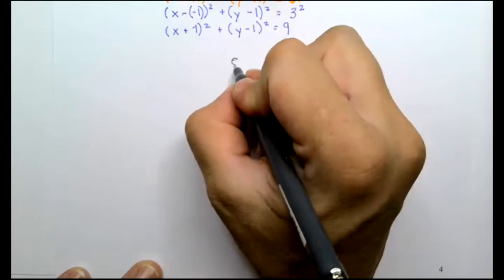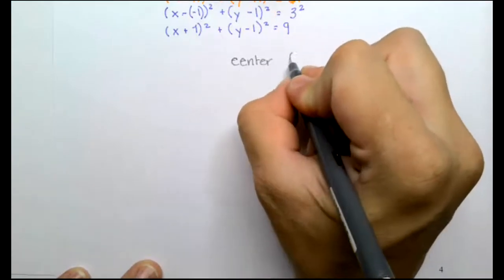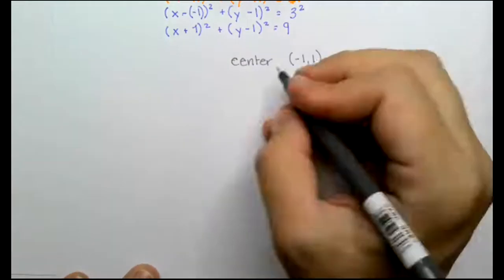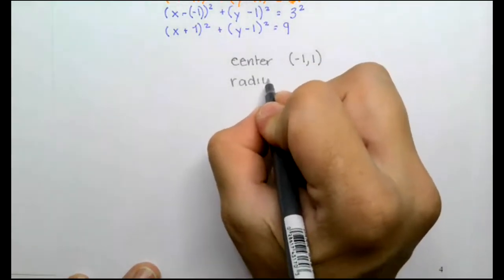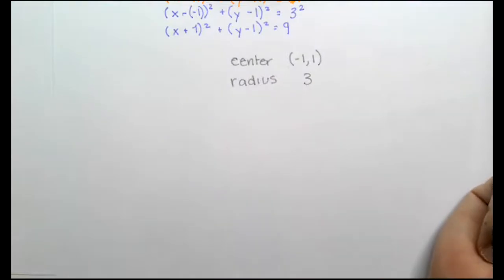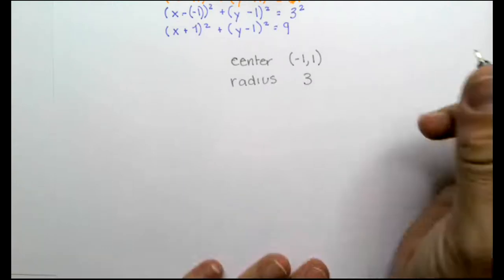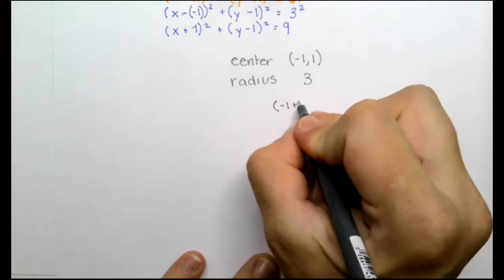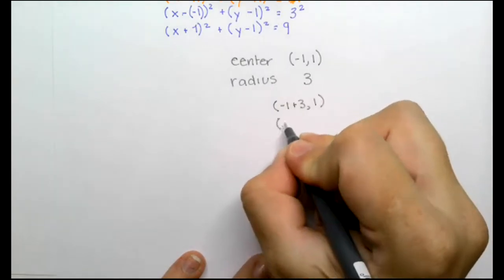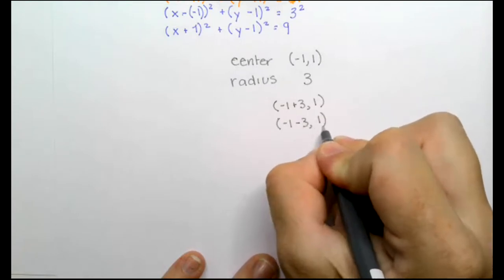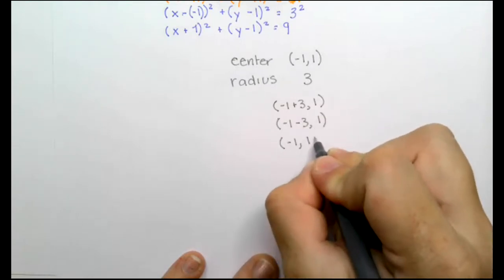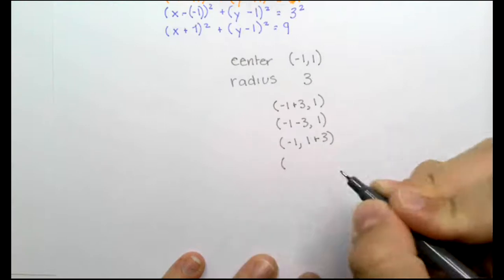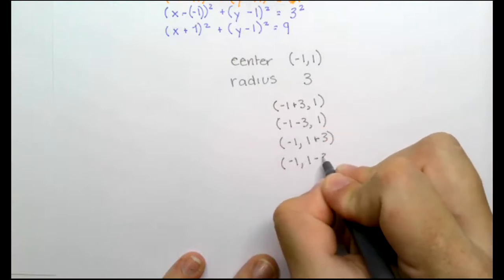So if my center is -1, 1, and my radius is 3, that means I can just add 3 and subtract 3 to both of those numbers. Okay, so -1 plus 3, 1, -1 minus 3, 1, -1, 1 plus 3, -1, 1 minus 3.